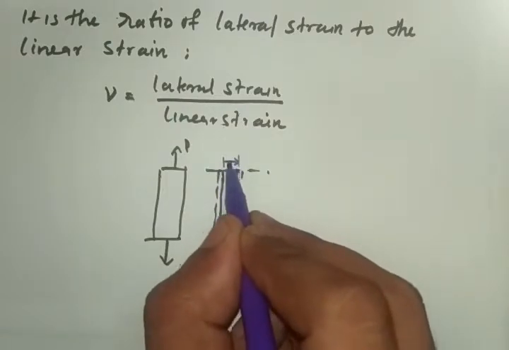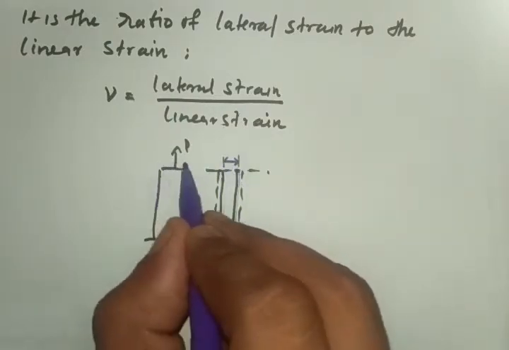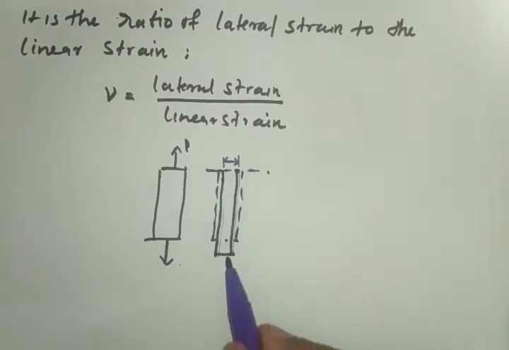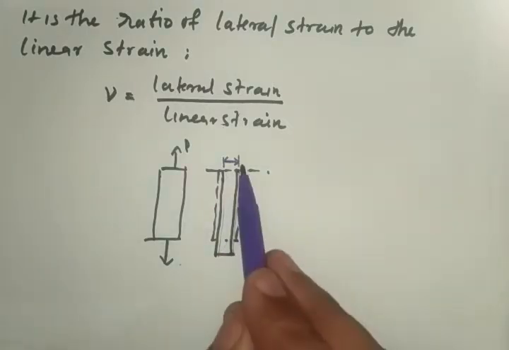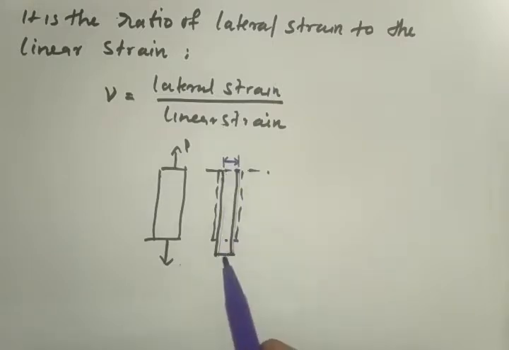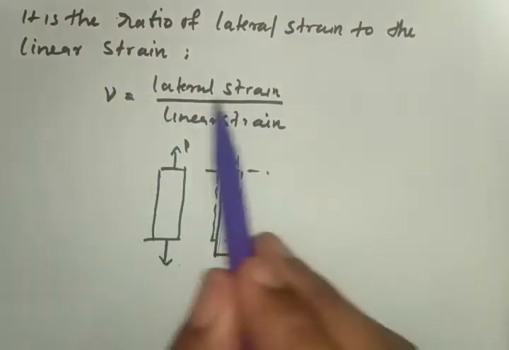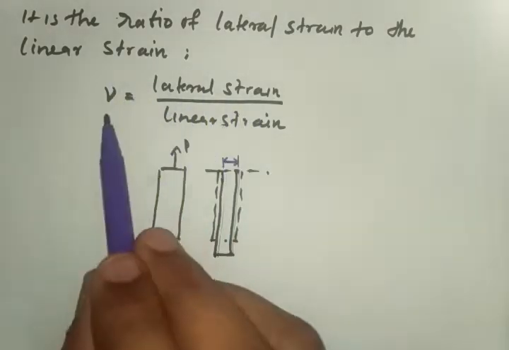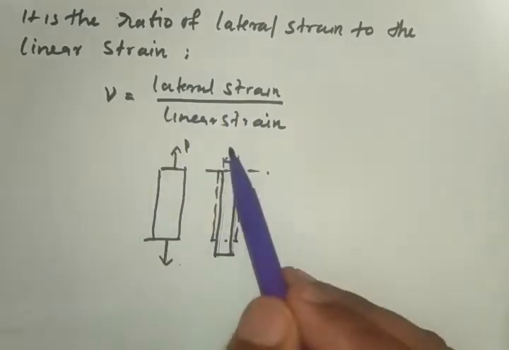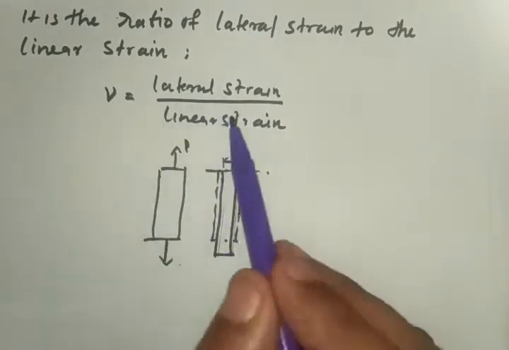Width is reduced to this much. Actual width was this much. Decrease in the width and increase in the length. This ratio of this lateral deformation to the longitudinal deformation is called mu or Poisson's ratio, because it was analytically experimented by the mathematician Poisson.